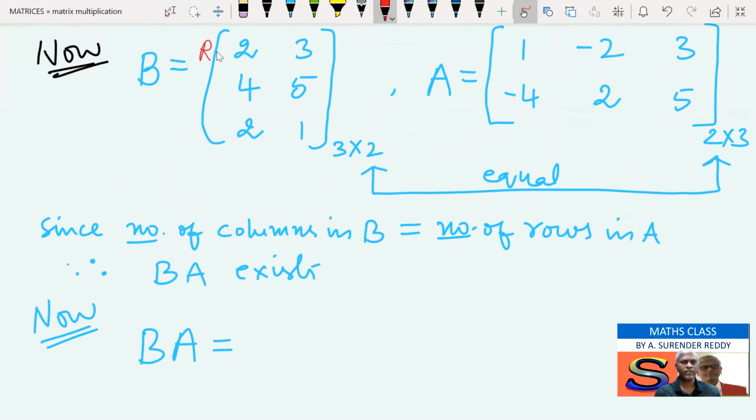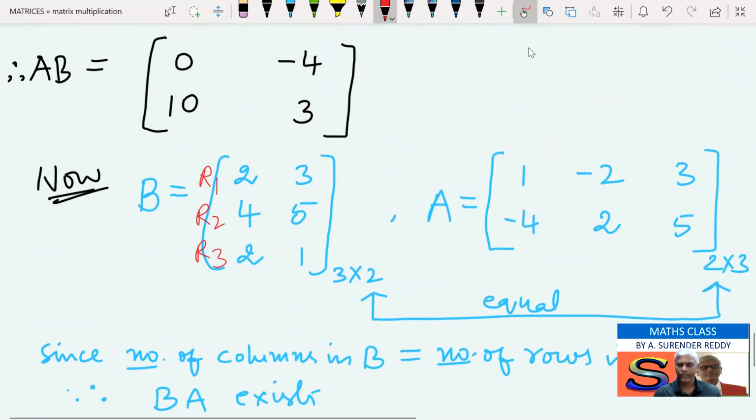So this is R1, R2, R3, 3 rows and 3 columns. Here in the second matrix A, this is C1, C2 and C3.